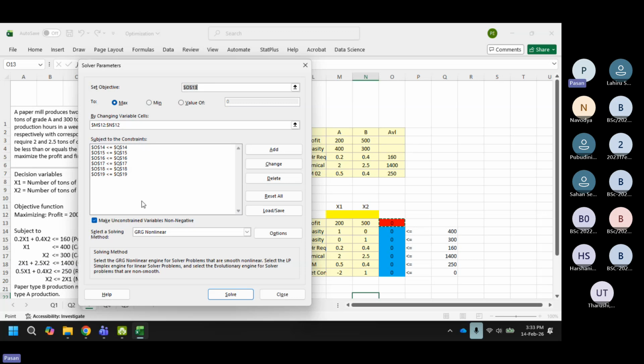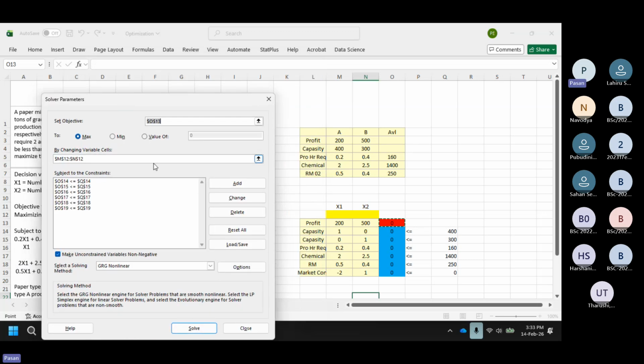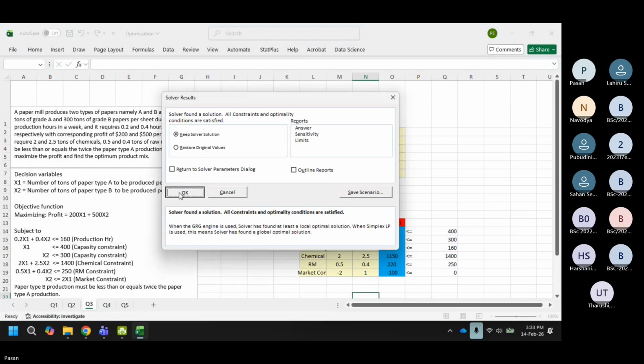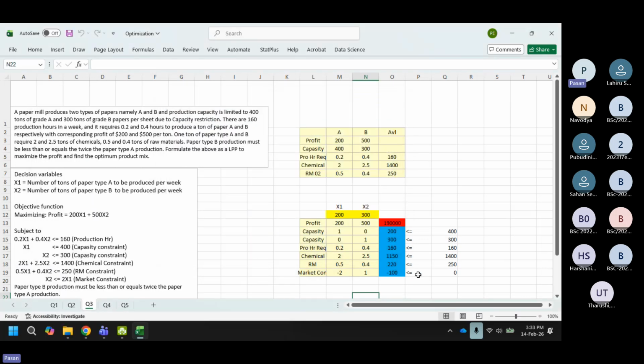So I have these, and let's first run them without saying that they're integers. So let's see what solution we are getting. So anyway, I'm getting some very nice numbers there, right? So 200 and 300.